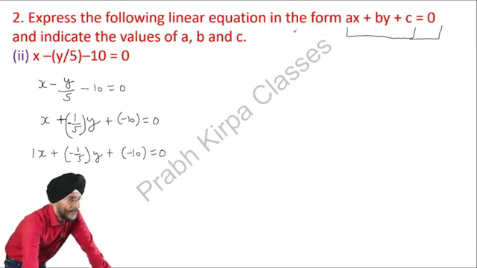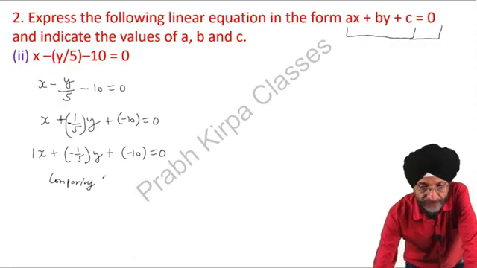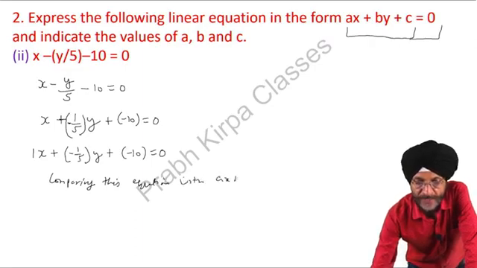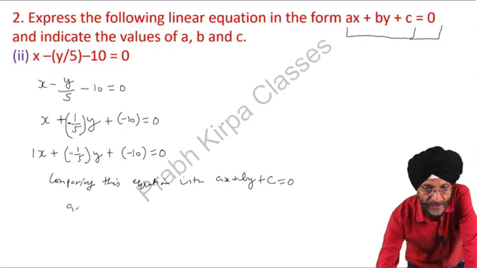So here we have expressed this equation in the form of the linear equation ax plus by plus c is equal to 0. So now, comparing this equation with ax plus by plus c is equal to 0, we find a.